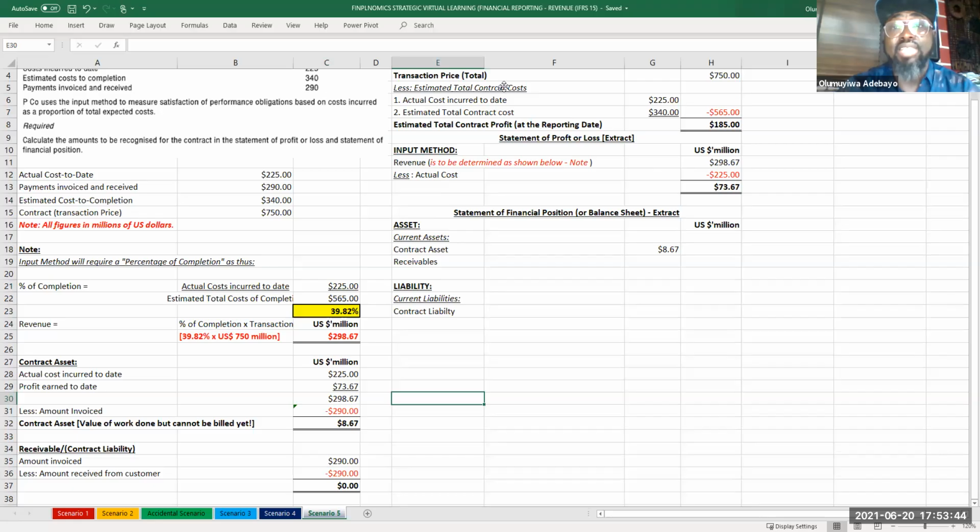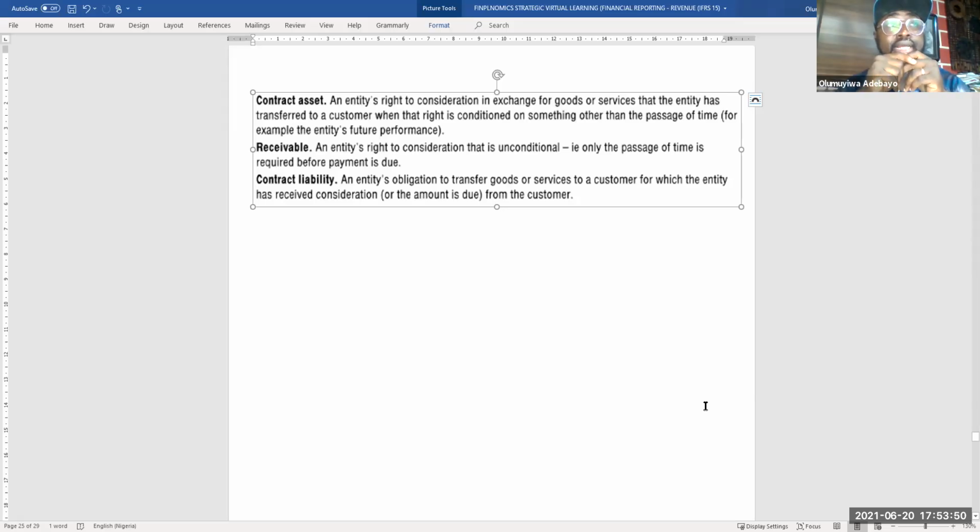Okay, now what is our contract liability? Our contract liability entails when an entity has an obligation to transfer goods or services to customer for which the entity has received consideration, or that amount will later be due to customer when you are unable to fulfill that future performance. Now, let me explain.